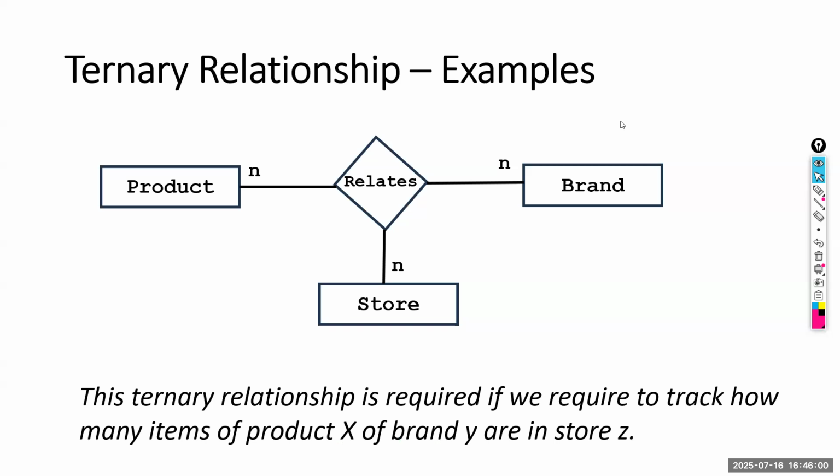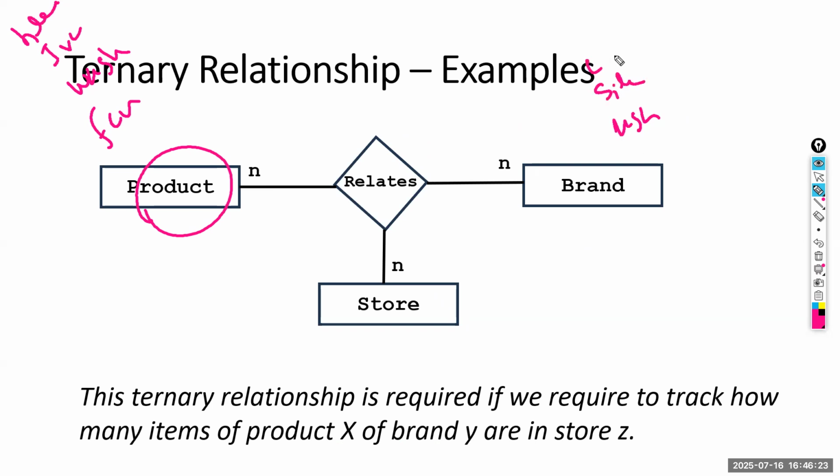Right. So this is another example. Again, this depends on the way you look at it. Say that there's a particular product, say fan, washing machine. Those are products. Iron, blender. Then there are brands. Say Usha brand, Singer brand, LG brand, Samsung brand. Okay. So then we have stores. We have a store in Colombo. We have a store in Jaffna. We have a store in Kandy.